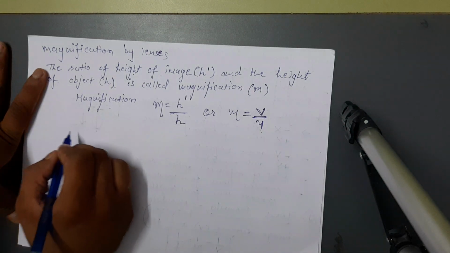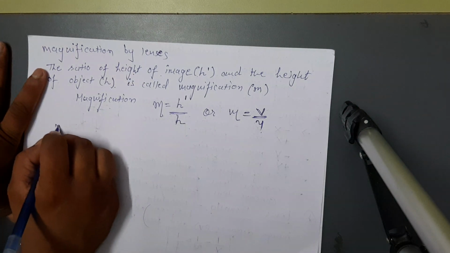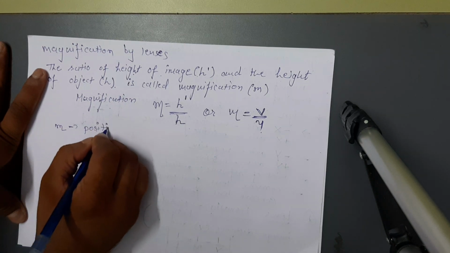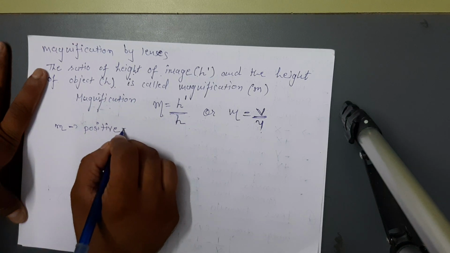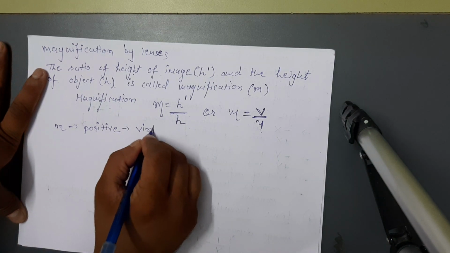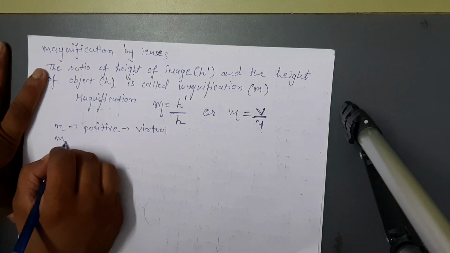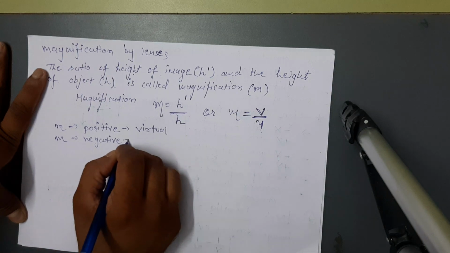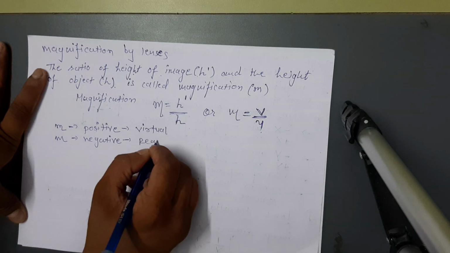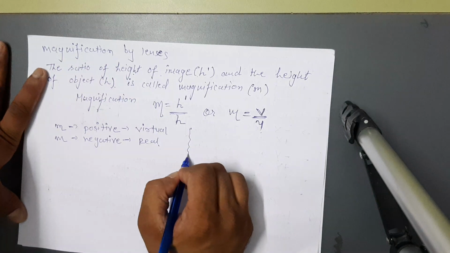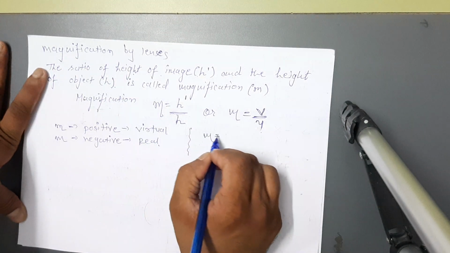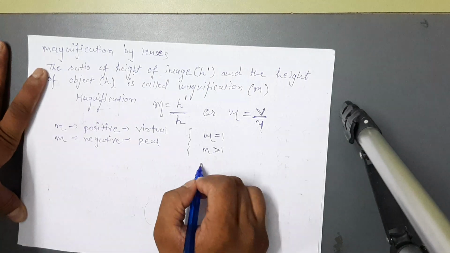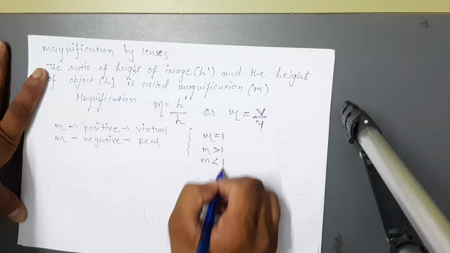Now the same rules apply: if magnification is positive, our image will be virtual. If magnification is negative, our image will be real. Now we have three possibilities for magnification: M equal to 1, M greater than 1, and M less than 1.